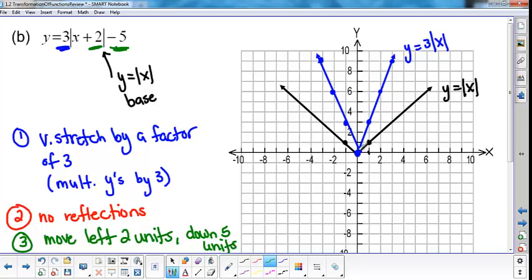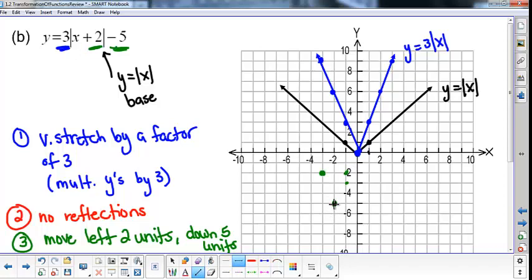So I'll take the blue graph that we just created, and I'm physically going to move each point left 2 and then down 1, 2, 3, 4, 5. And take this point left 2 and down 1, 2, 3, 4, 5.